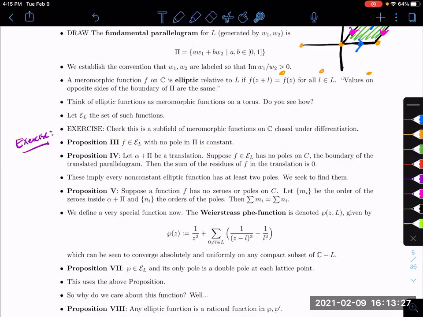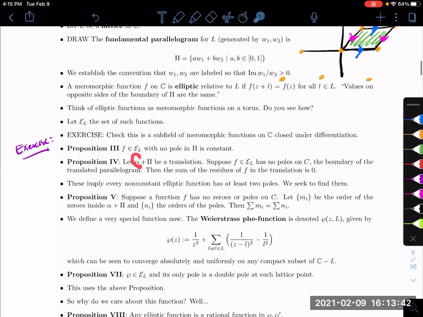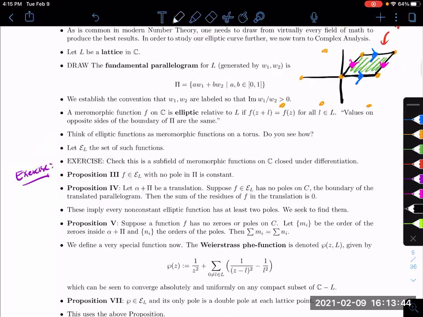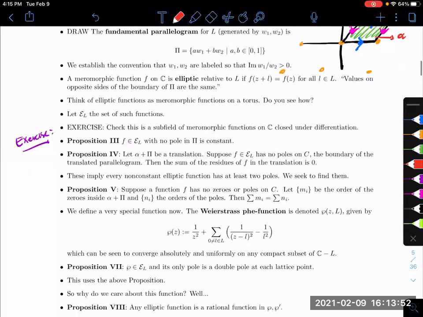Okay. So if functions with no poles are not interesting, what about functions with one pole? Well, there's another proposition you want to be aware of here. Let's suppose I translate my parallelogram over a little bit by some alpha. It doesn't matter, I can move it wherever I want.